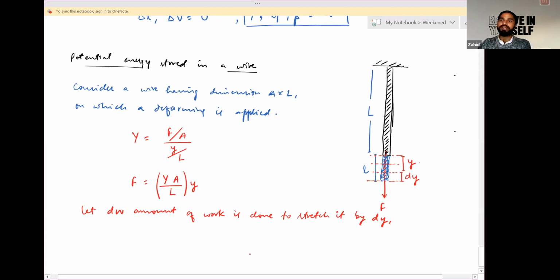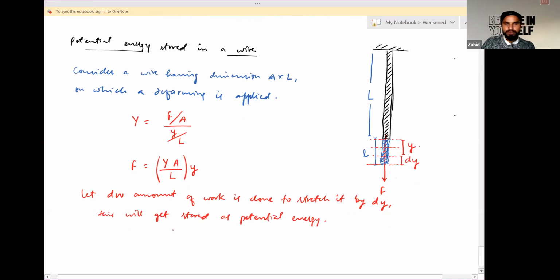This work will be converted into potential energy, so this will get stored as potential energy. So work done is equal to force times displacement. Force is YA divided by L into y, times dy, equals work done.